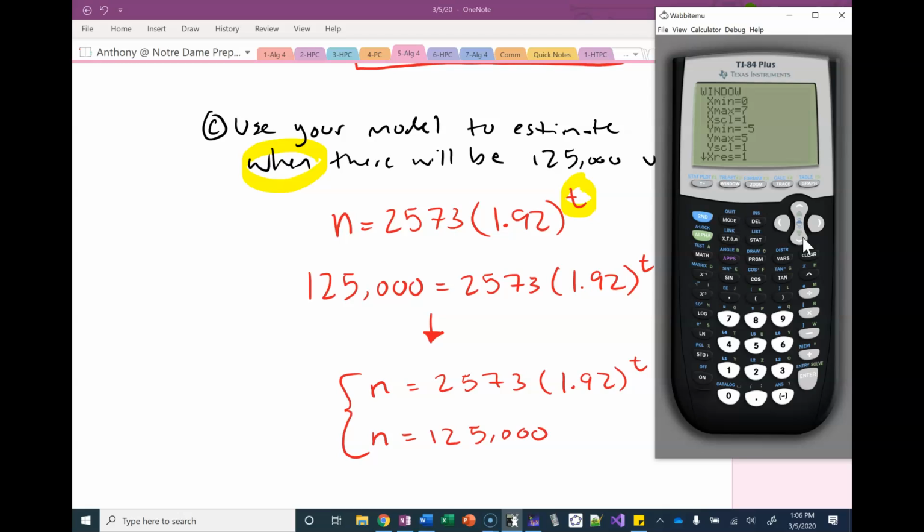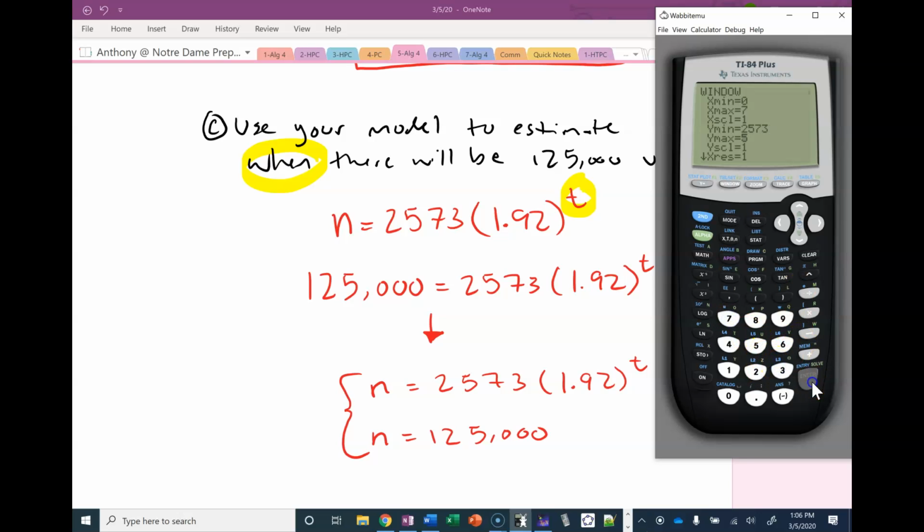Next, I'm going to go to the y's. Remember in our problem, y is representing that future value for the number of computer viruses. What is the minimum value for the number of computer viruses we can have? $2,573.